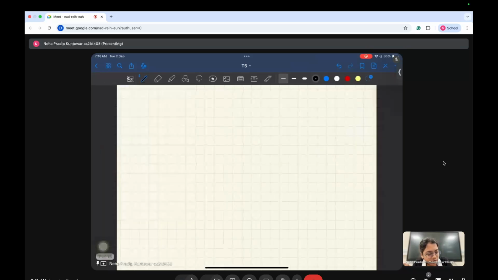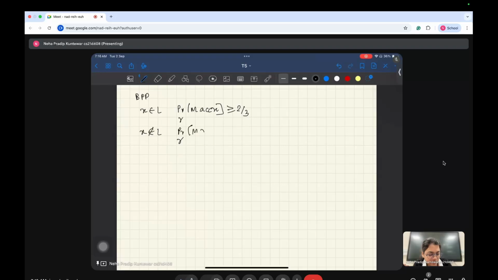Let's say that we will try with the current definition of BPP: if x is in the language, then the probability that M accepts x is at least 2/3, and if x is not in the language, then the probability that M rejects x is at least 2/3.